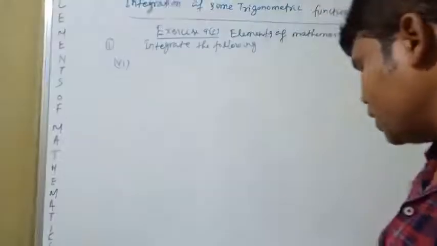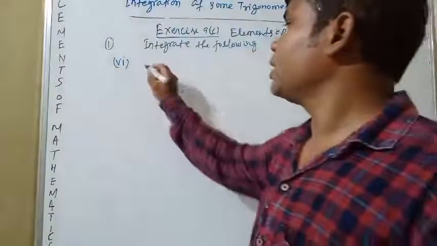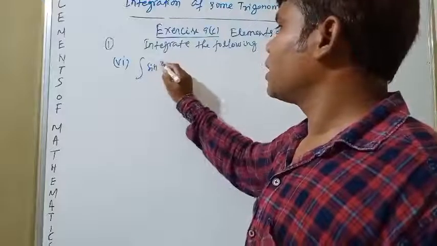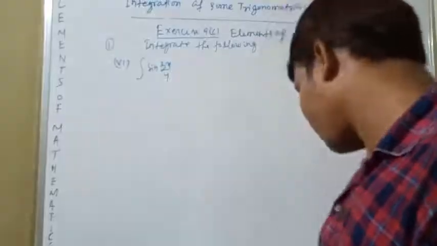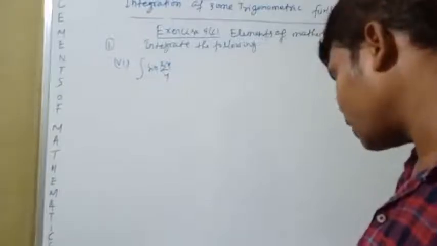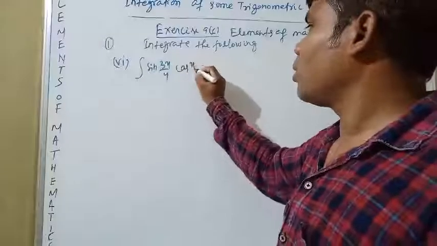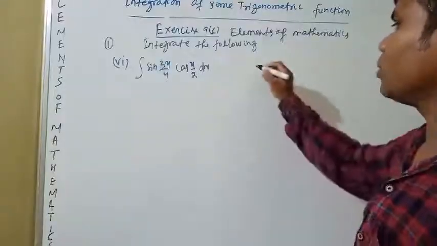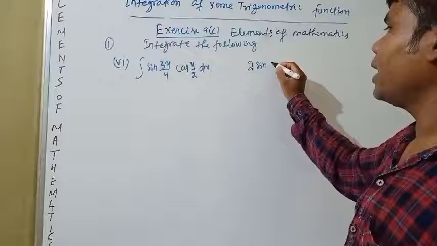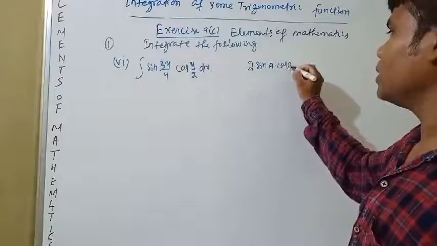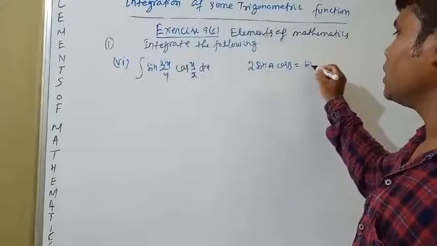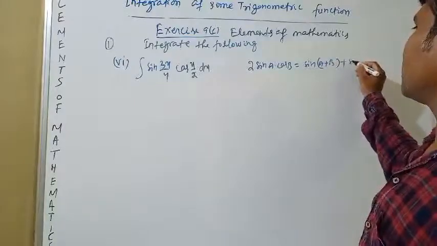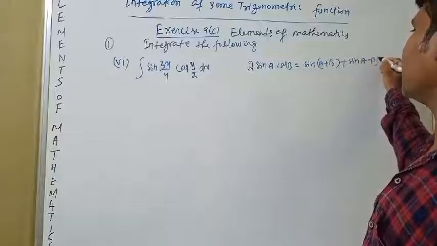In question number 6, it is given: integration of sin 3x by 4 into cos x by 2 dx. You know the formula, 2 sin a cos b equals sin(a plus b) plus sin(a minus b).